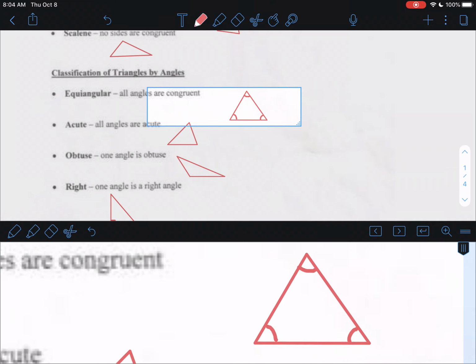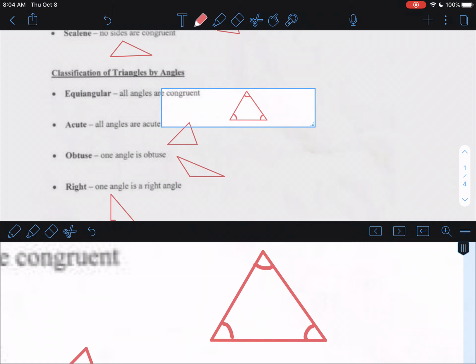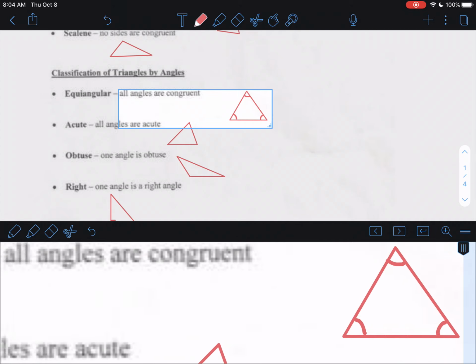So these angles in this equiangular triangle are all acute angles. So just like the equilateral triangle was a special isosceles triangle, an equiangular triangle is going to be a special acute triangle.